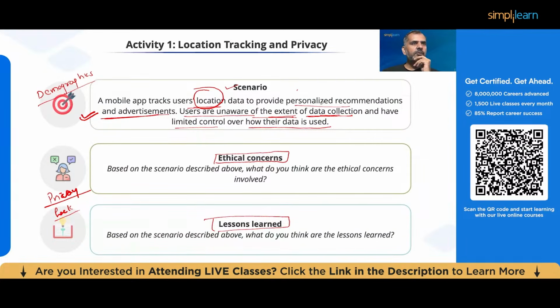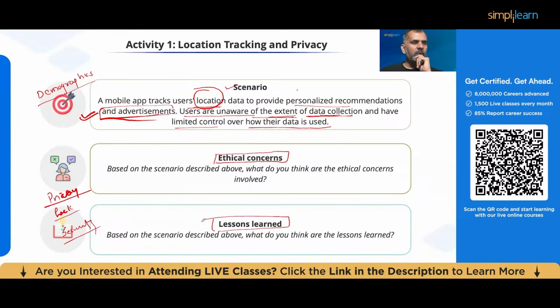If you are using this for personalized recommendations and advertisements, what is the issue related to that? Security is also involved. You are putting a surveillance kind of system in place. You are tracking the personal location.